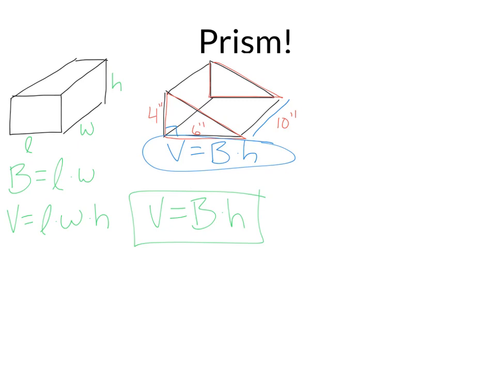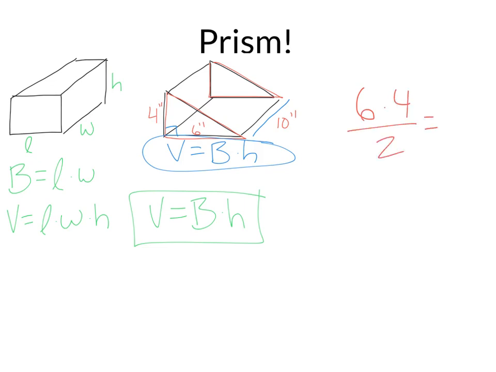Let's do it. Well, what's the area of my base going to be? Well, it's a right triangle, so base times height divided by 2. My base would be 6 and my height would be 4. So 6 times 4 divided by 2.